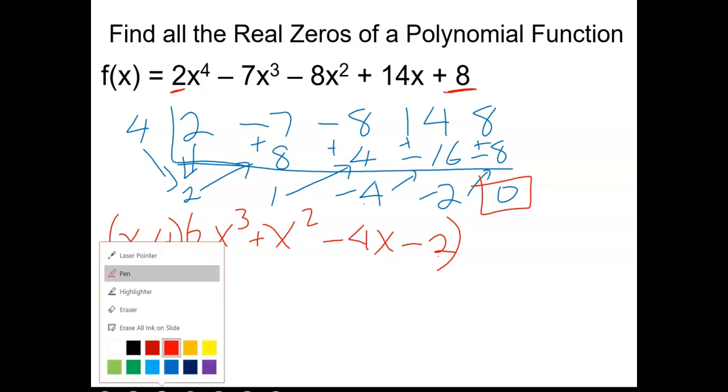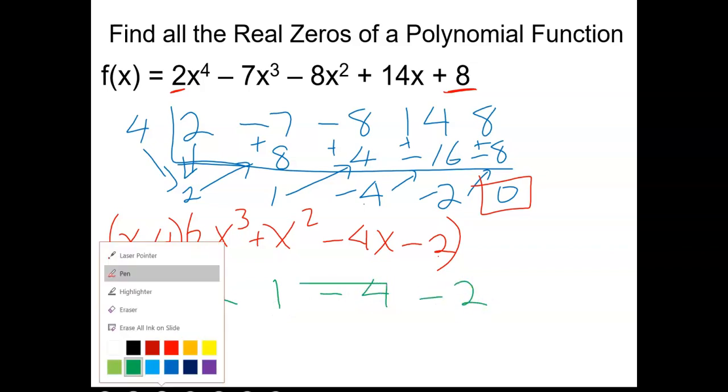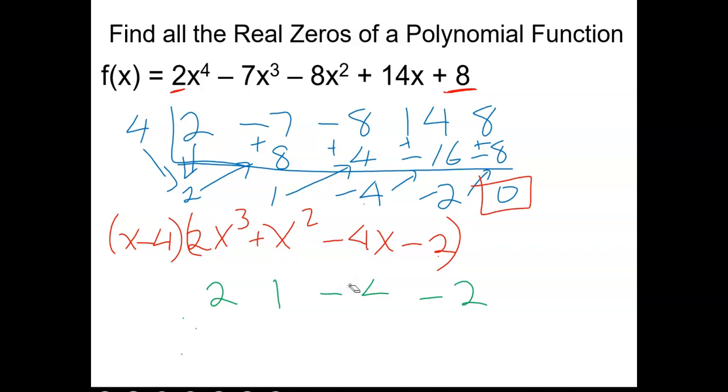So if we have 2 and 1, and negative 4, and negative 2, we divide by negative 1/2. So watch the fraction.